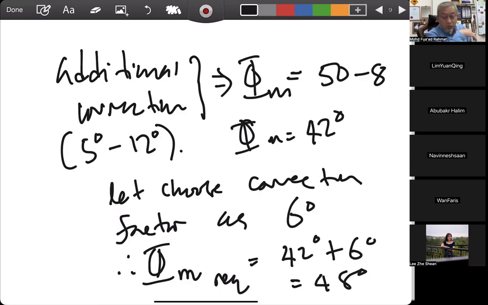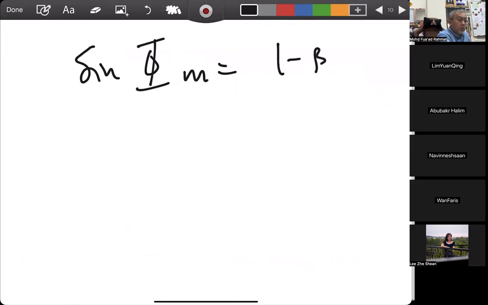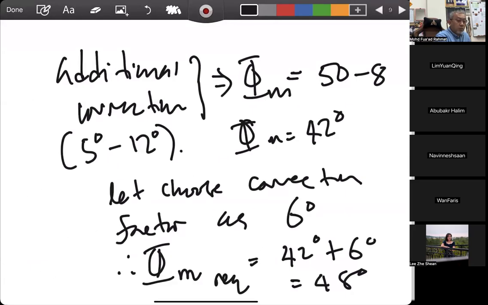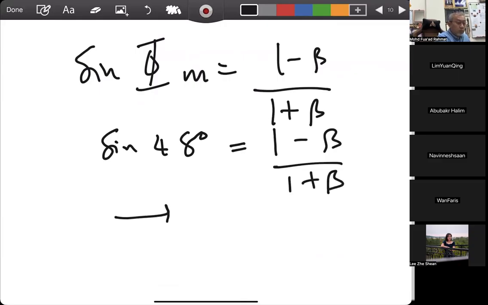It's up to you, because in design you can choose your correction factor on your own between 5 to 12 degrees. So sine of phase margin equals (1 minus beta) over (1 plus beta). Sine 48 degrees equals (1 minus beta) over (1 plus beta), which gives beta equal to 0.15. You can simplify later, I give you the answer.